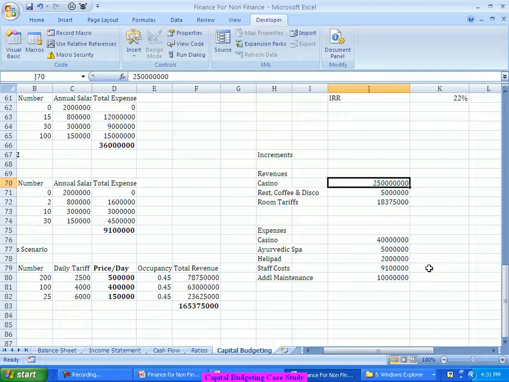So probably what we'll do is to make an analysis on this better. Let's change the number. We will assume we expect an annual revenue of 2.5 crores from a casino every year.